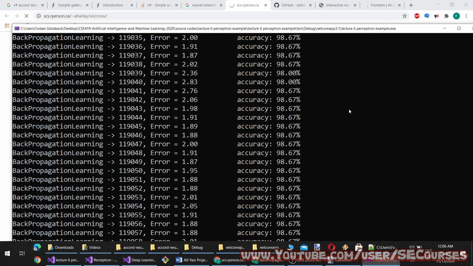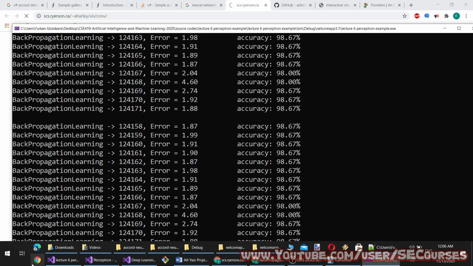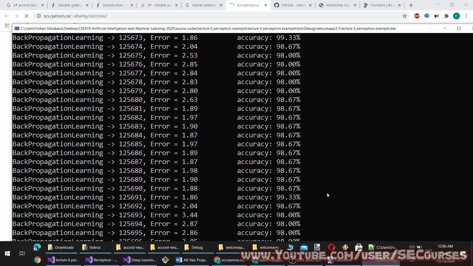It uses all the same principles in the AccordNet framework. Okay, so this is the end of the lecture. I am uploading this to our GitHub repository. Hopefully see you next week.